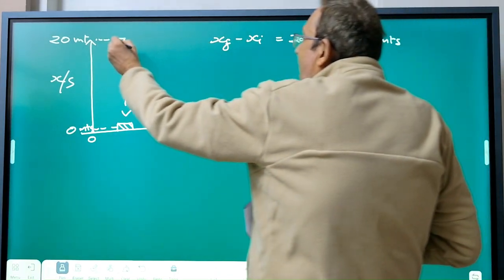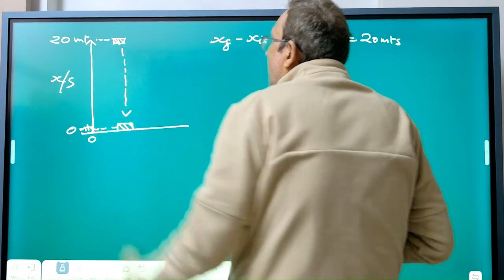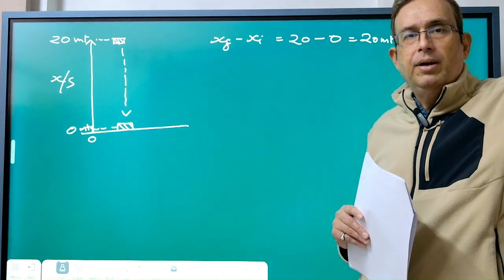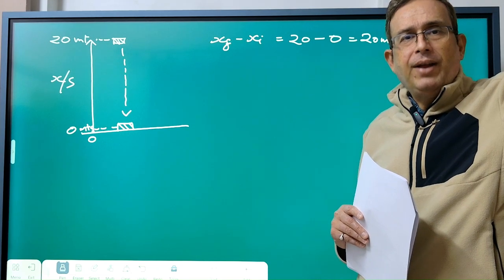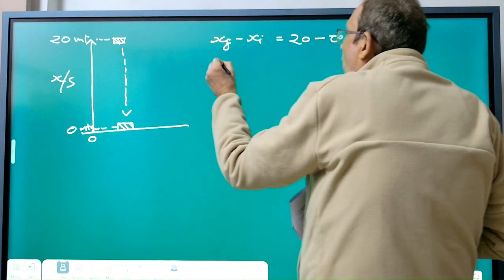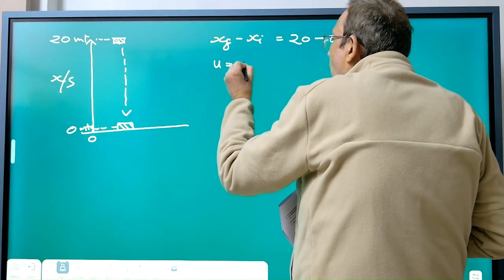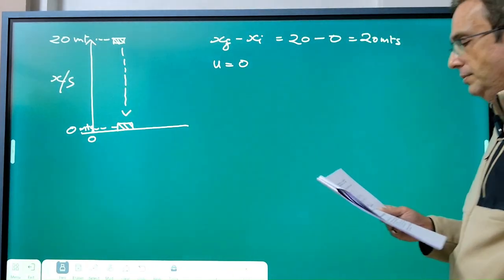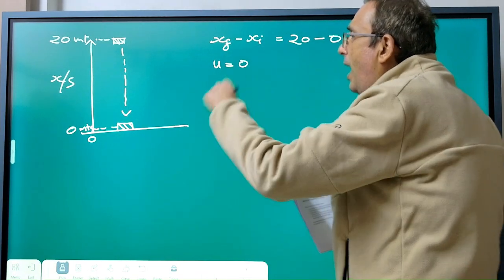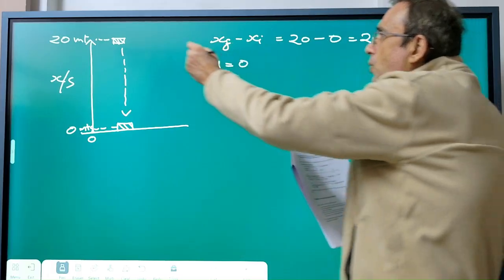And at the time when it was dropped, its velocity was 0. So the initial velocity u is 0. Now what is asked is how much time will it take to reach the ground?